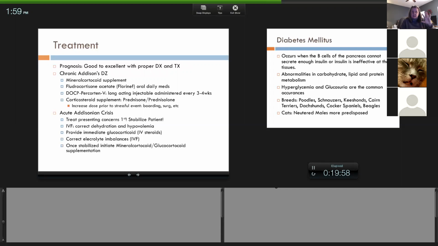Once the patient is stable, we can also give them glucocorticoid treatment. Usually they're going to get IV steroids because, again, if the adrenal cortex isn't producing glucocorticoids, then we have to give them glucocorticoids. So IV steroids like dexamethasone, and then correct electrolyte imbalances. And that's done through fluid therapy.